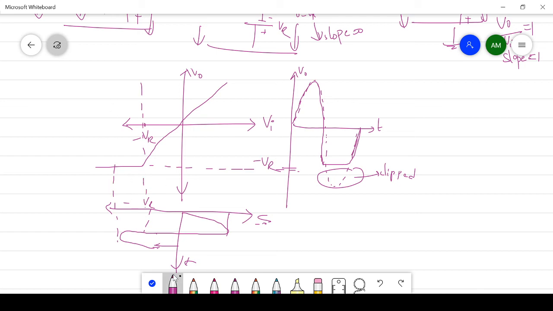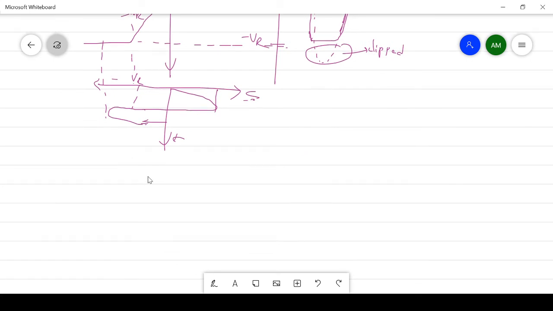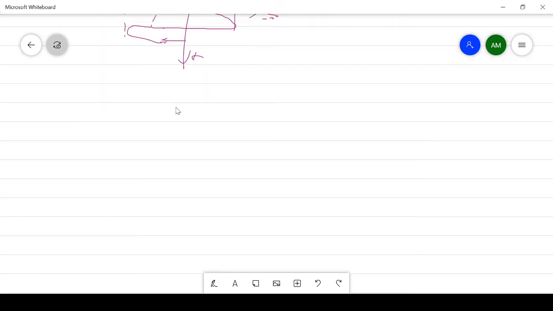Okay, now we discuss the two level clipper. The two level clipper is one where we can eliminate some small portion of both cycles, that is, both the positive half cycle and the negative half cycle.